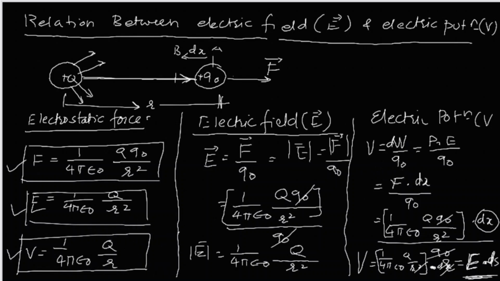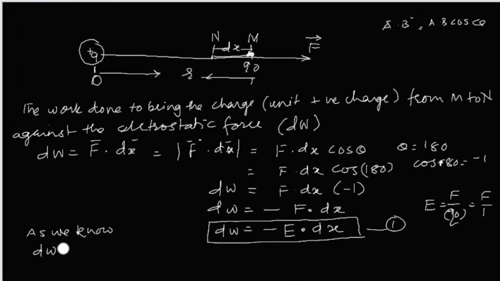But Q0 is 1, so we can write dW is equal to V. But small work is done, so small potential we will consider here, that is equal to dV.